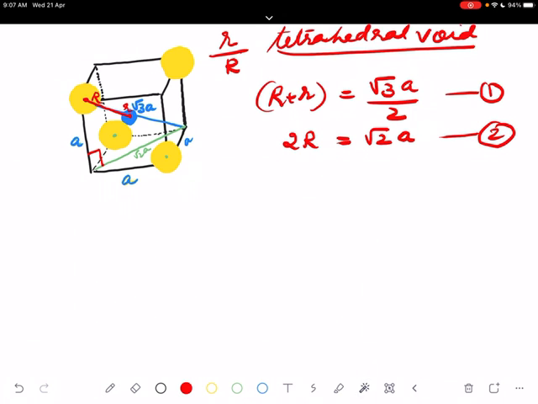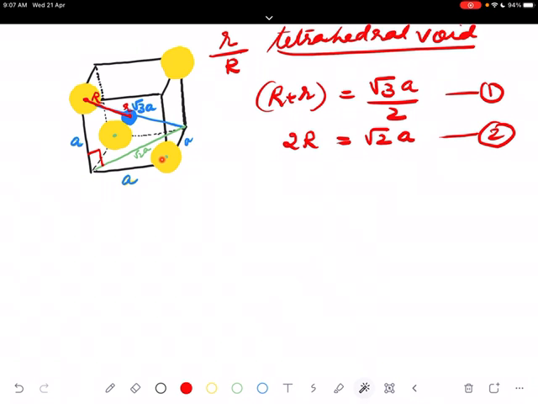Or you can take from the top also. Actually this one is touching this one. So you can make out an equation from here also, that is R plus R, they are touching each other, that is face diagonal root 2a.